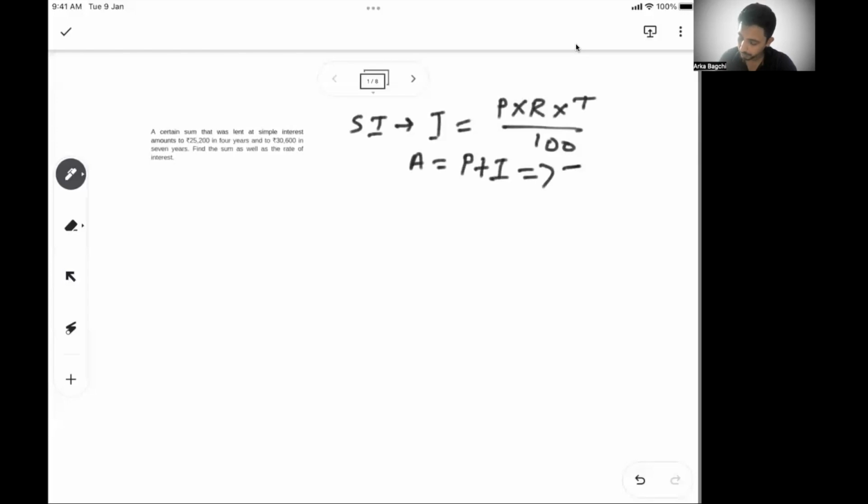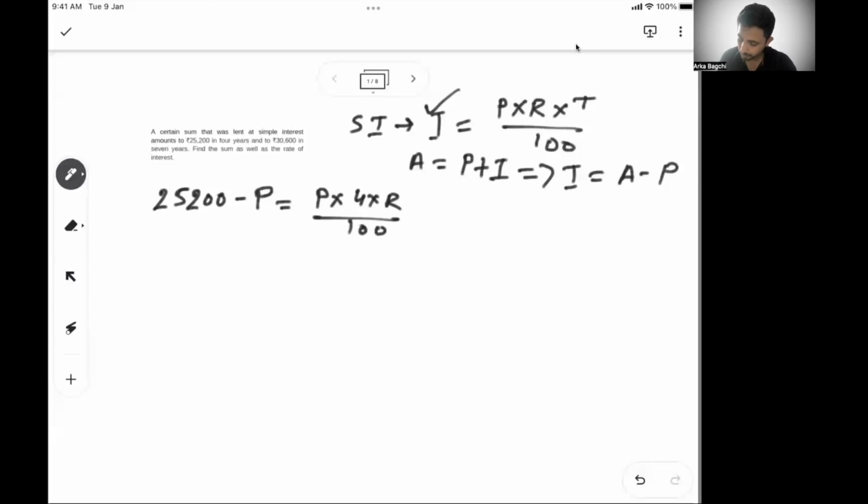From here, interest is amount minus principal. So in the first case, 25,200 is the amount, and 25,200 minus P is the interest, which equals P into 4 into R by 100.